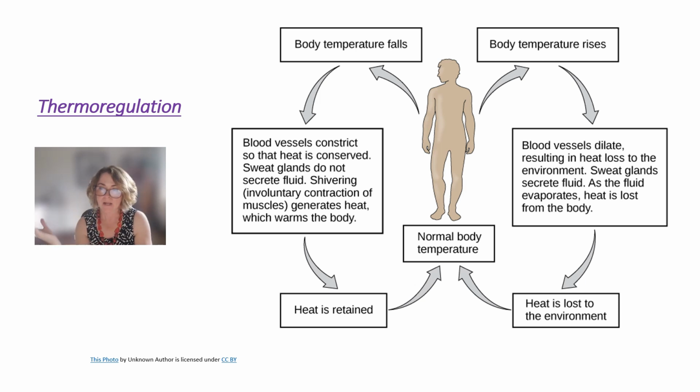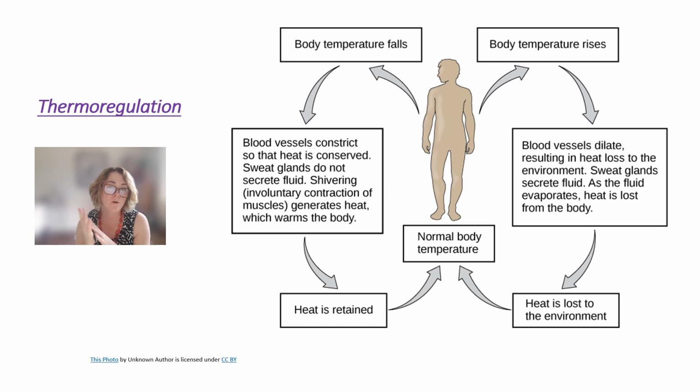Now, when it gets hot outside and our body temperature starts to rise, the body signals to have the blood vessels dilate, which results in heat loss to the environment. Or the body will also activate the sweat glands, secrete water, and as that water evaporates, that's a cooling mechanism, right? That's going to remove energy from the body, and so heat is going to be lost, and it'll help to cool the body down and come back to a normal body temperature.